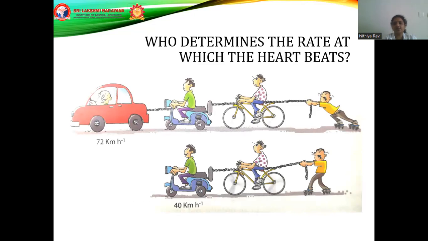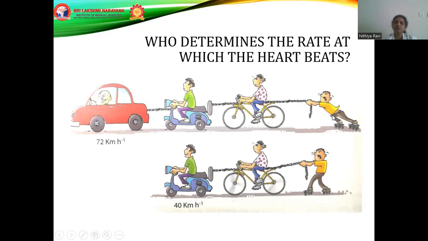So who determines the heart rate, and at which rate does the heart beat? This is just an analogy. There is a person driving a car, trying to pull a motorcycle, which is connected by a chain to a bicycle, and that to another person who has a skater under his foot.